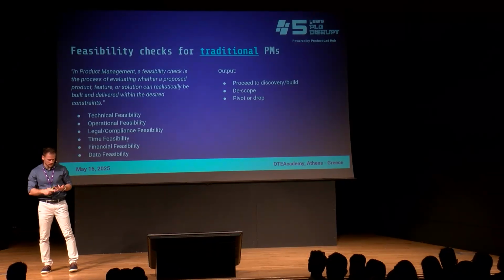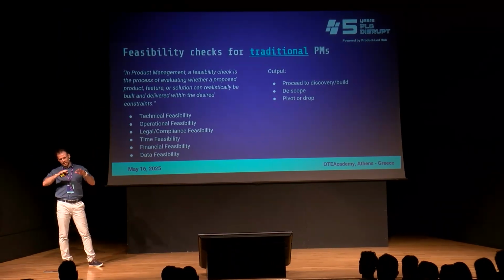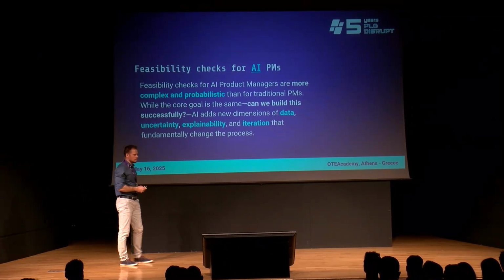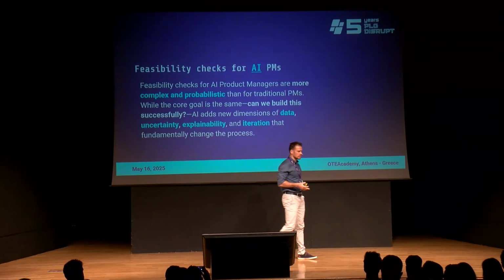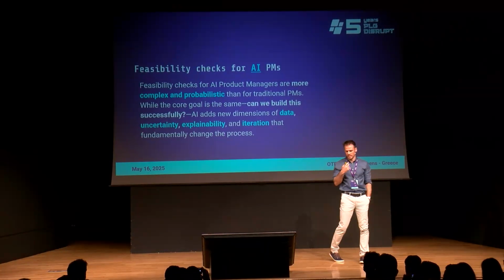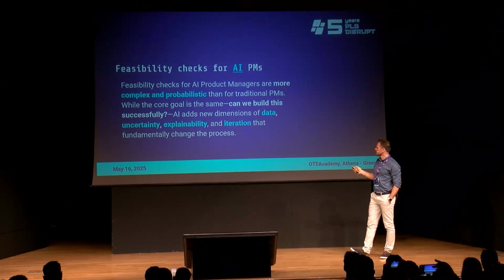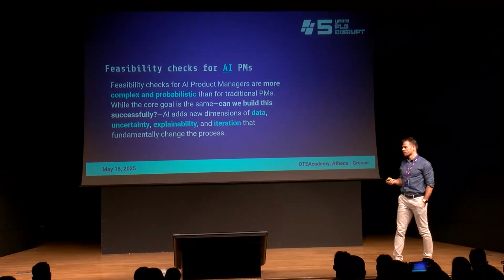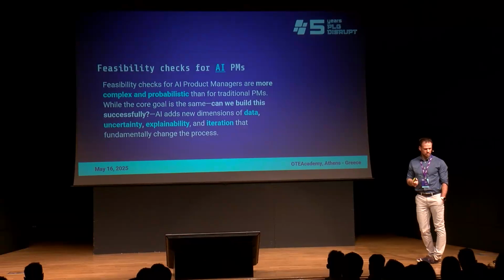How much time, how much data, how much time for the legal, how many of everything. Okay. But for AI product managers, the feasibility is different. It's more complex, more probabilistic. It depends on data, uncertainty, explainability. So you have all these unknowns that you have to take care of so that you actually say, hey, this is successful, this is actually working.